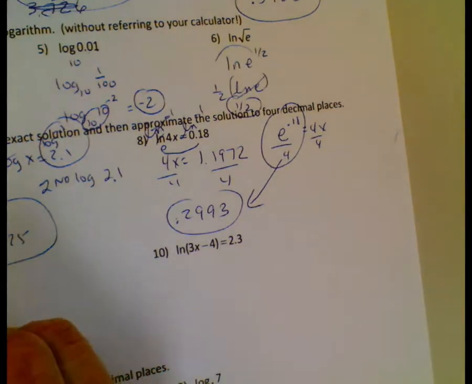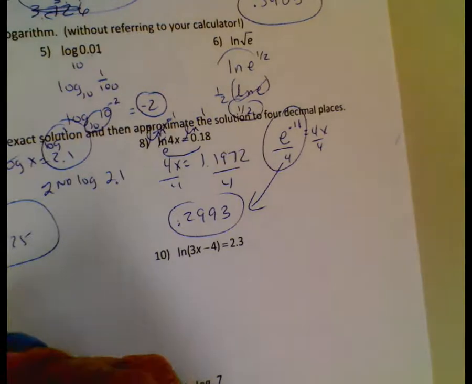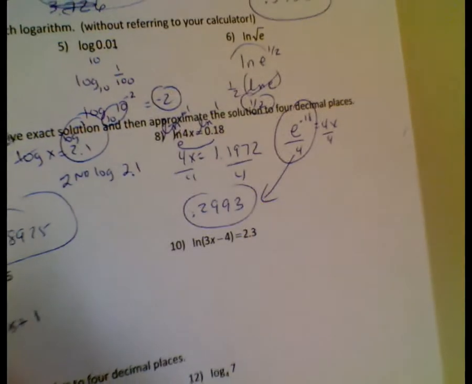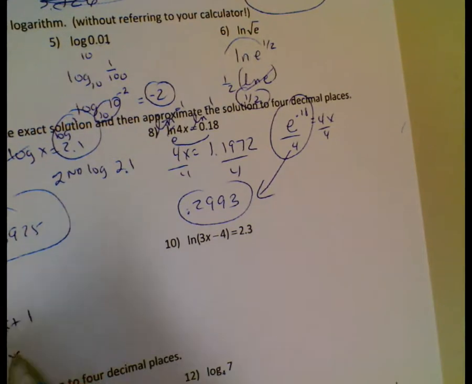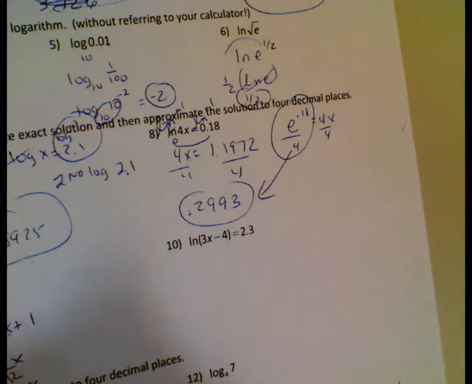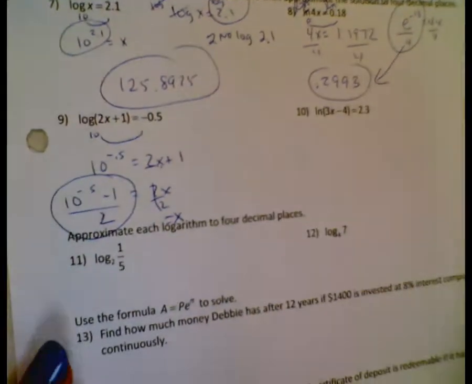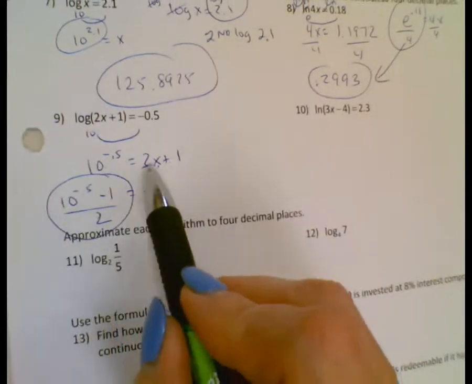Let's just do swoop. 10 to the negative 0.5 is equal to 2x plus 1. We're solving for x, so take 10 to the negative 0.5 minus 1 equals 2x, and then divide everything by 2. So x equals all of this. So let's punch all of that in. Oops, you can't see it. So I took 10 to the negative 0.5 is equal to 2x plus 1.